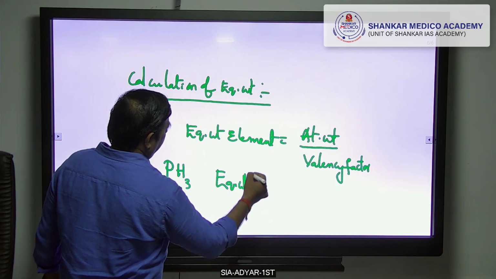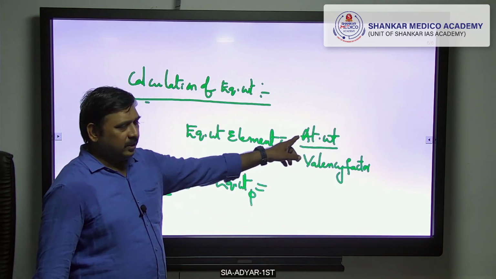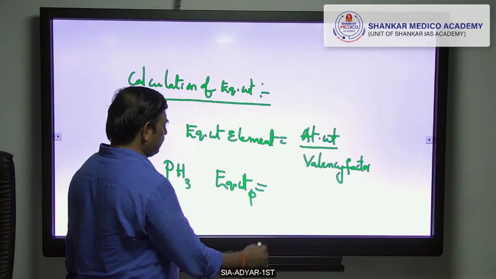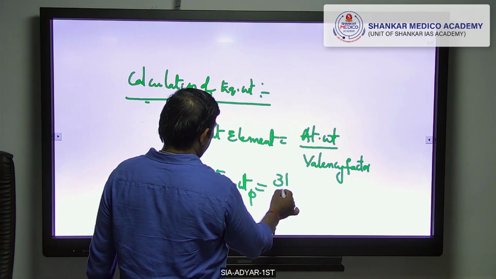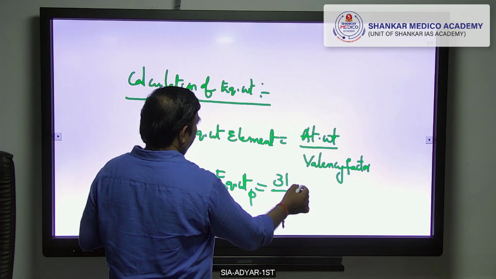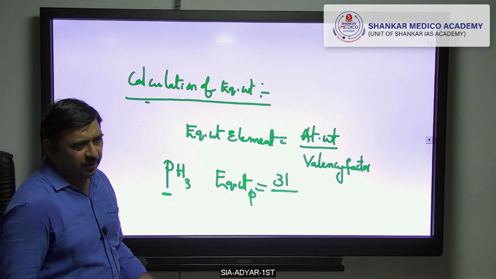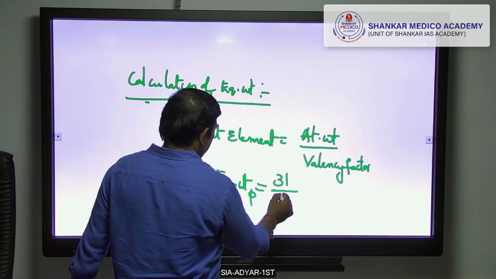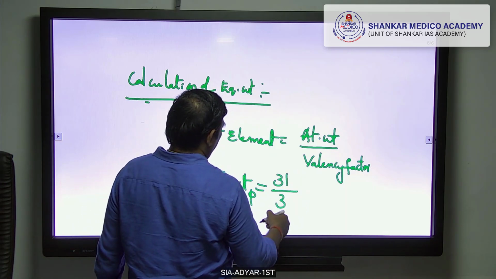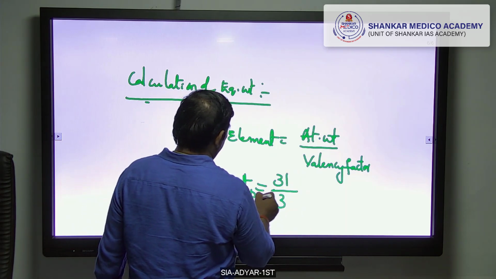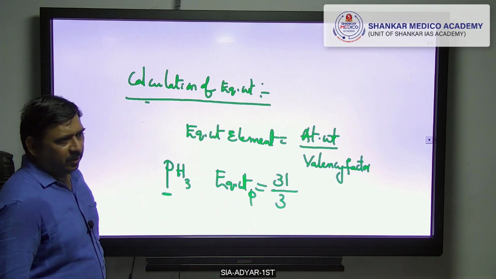The equivalent weight of phosphorus is equal to its atomic weight, that is 31, upon the valency factor. What is the valency of phosphorus in PH3? The valency of phosphorus is 3. So 31 upon 3 is the equivalent weight of phosphorus.